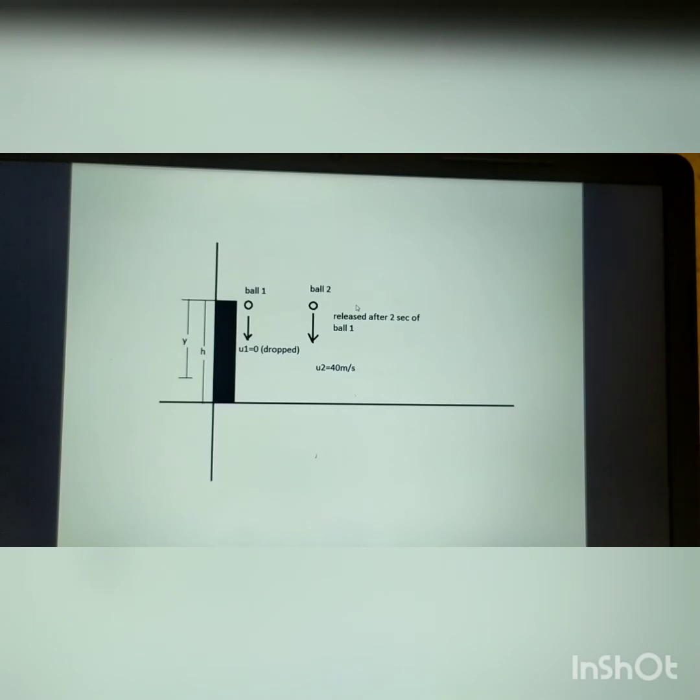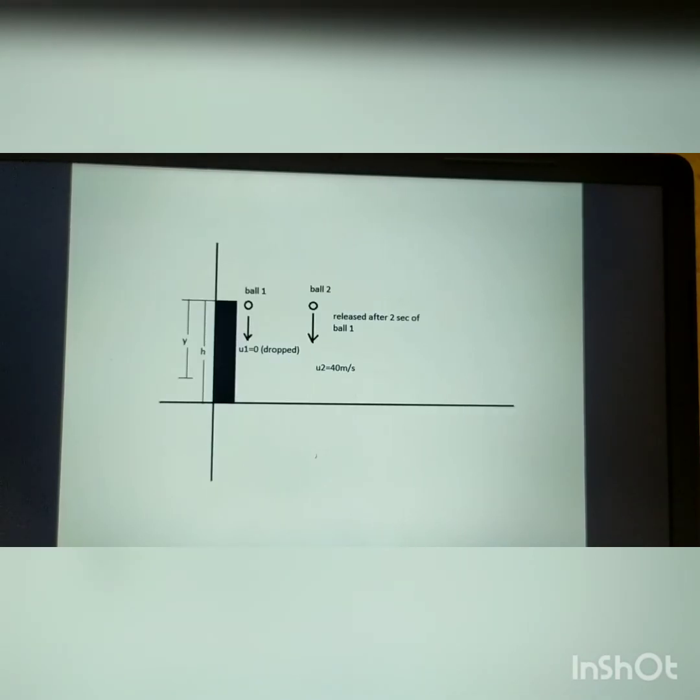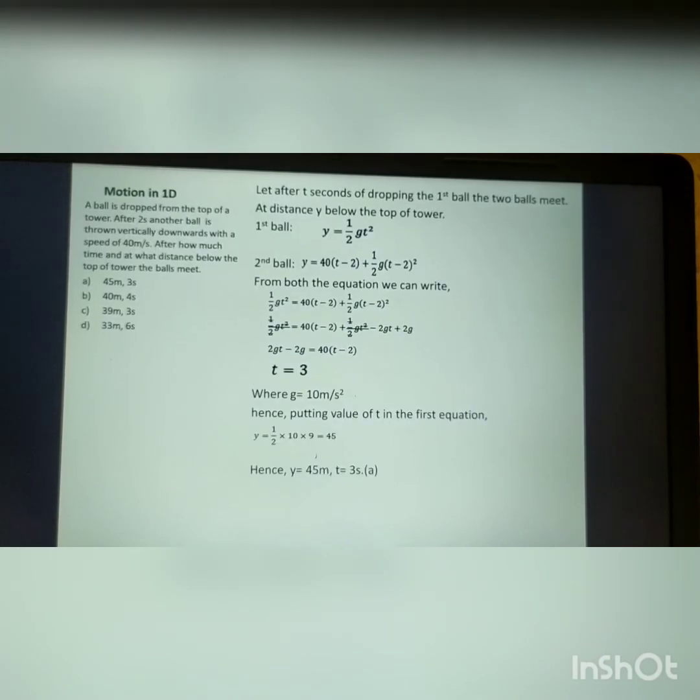Now let us consider the problem, and we will take the time t after which the first ball and the second ball will meet, at the distance y below the top of the tower.